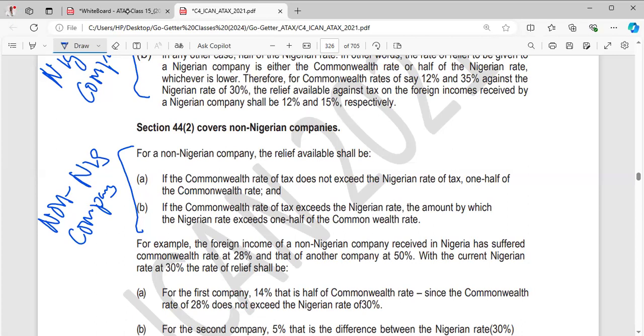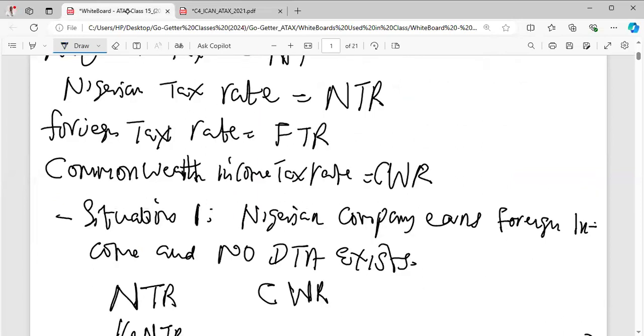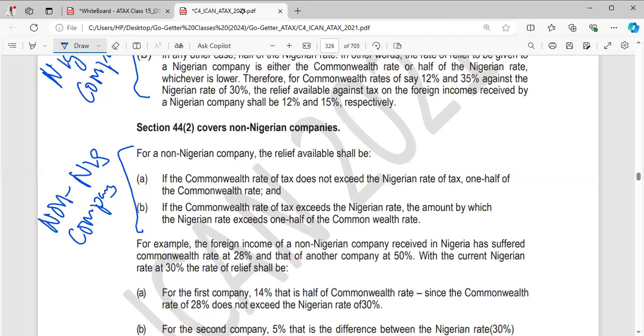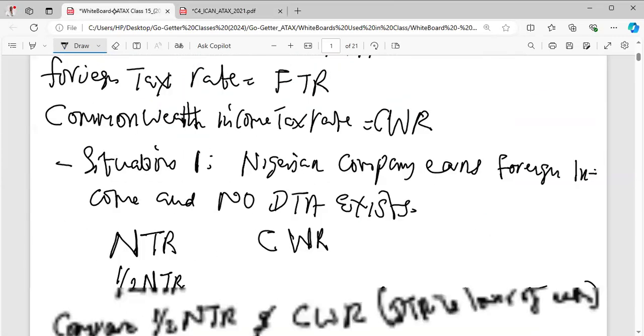So we have looked at situation one here. Situation one, we said Nigerian company earns foreign income. No DTA exists. Now in this case here, non-Nigerian company earning Nigerian income.